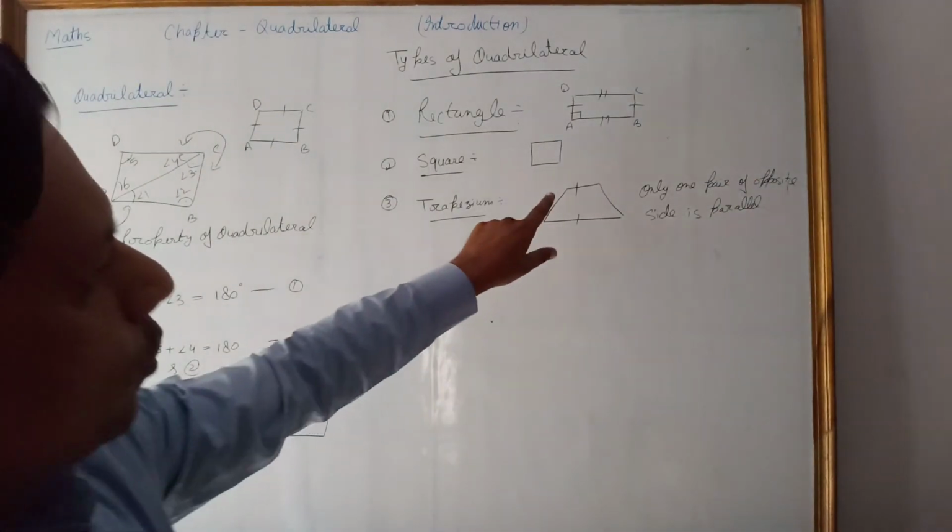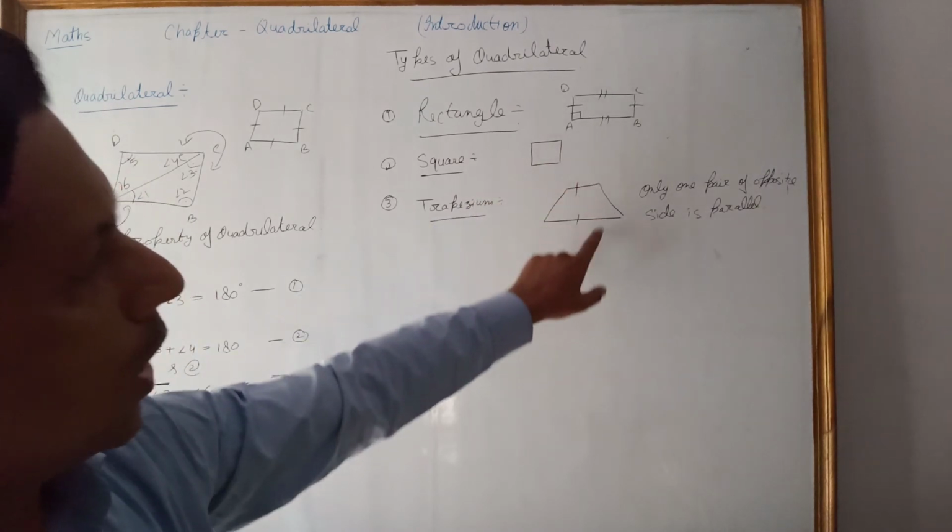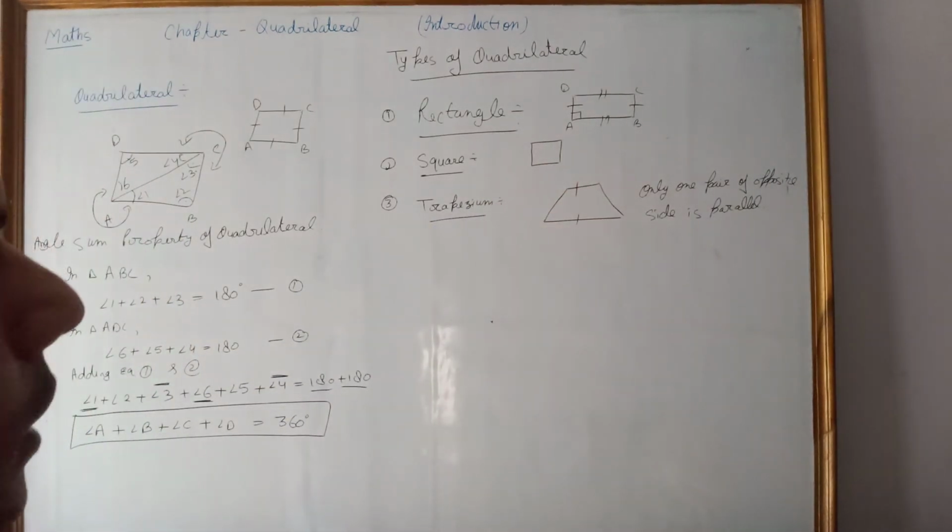There is no relation between this and this, and they are not equal. These two are only parallel to each other.